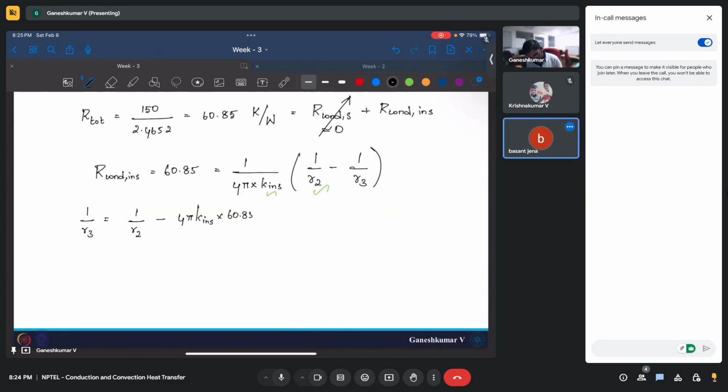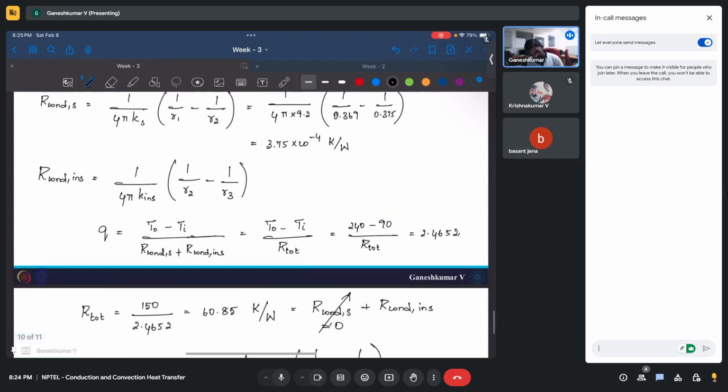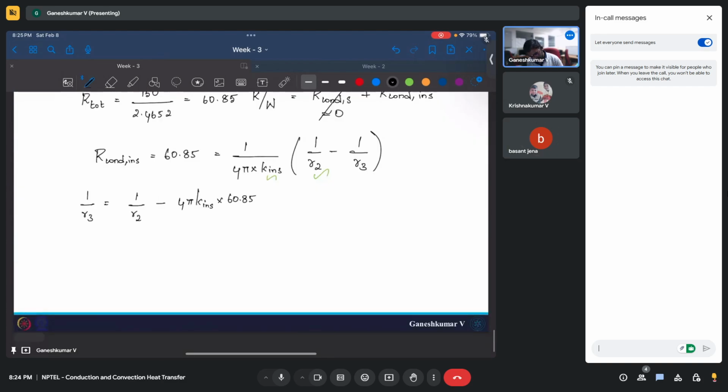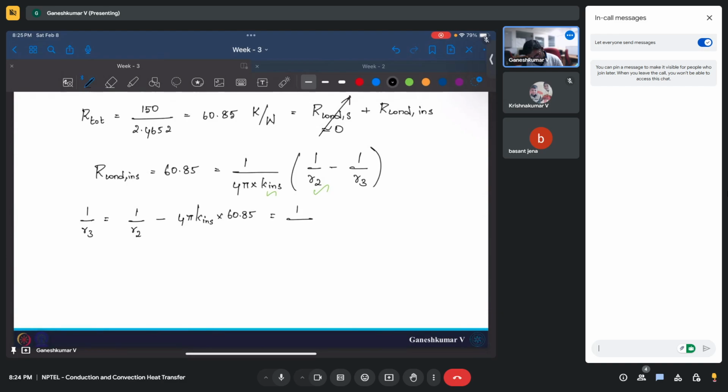K insulation is 1.7 into 10 power minus 5. Substitute that: 1 divided by R2, which is 0.375, minus 1 divided by (4 pi into 1.7 into 10 power minus 5 into 60.85). So you can find 1 by R3 and then you can invert it. I can take 1 by this. What will happen?